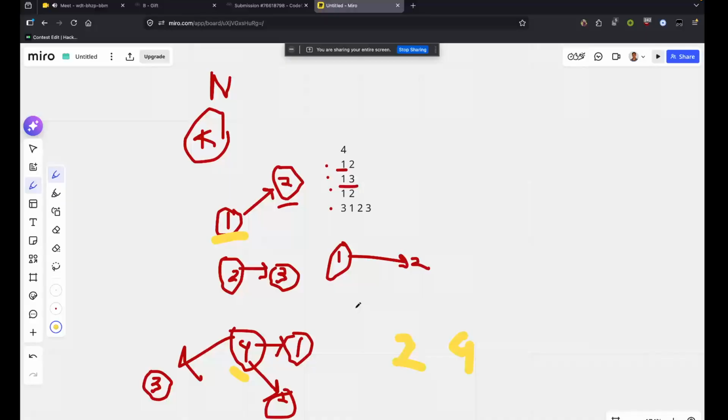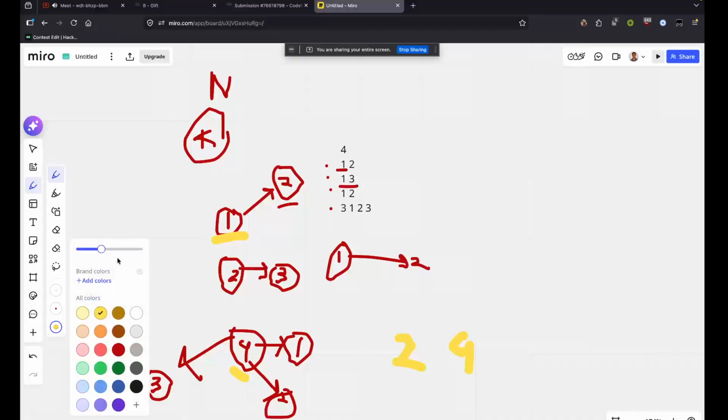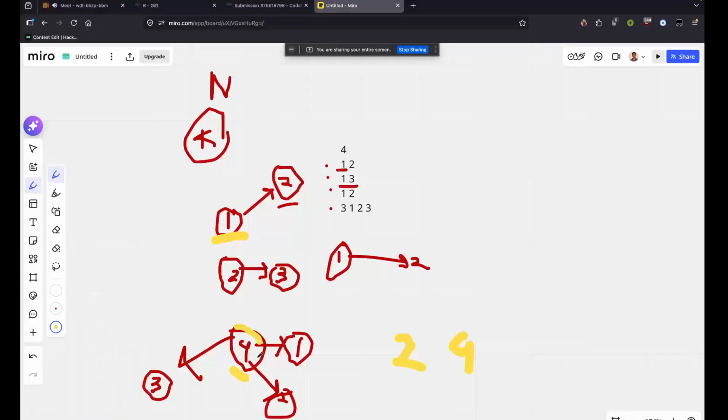Similarly, person one is getting gifts from four, right? Yeah, person one is getting only one gift. So this is for index two. For index one, he is getting a gift from four only, right?